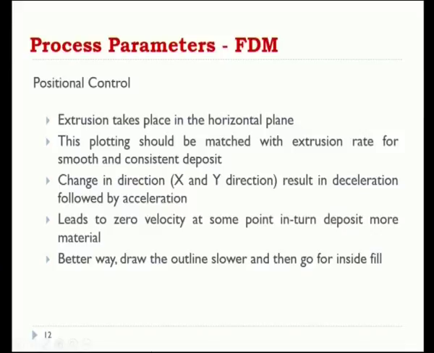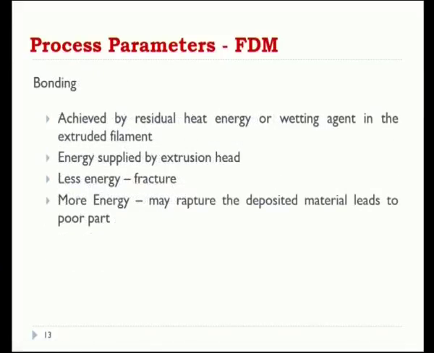So how can we do it? We can lay up an external edge very slowly and then fill the internal layer. Okay, bonding. Once a layer is laid up, the next layer is going to bond on top of it. Once the process is done, it should acquire a particular temperature, and only then can it take the input of the next layer. What will happen?